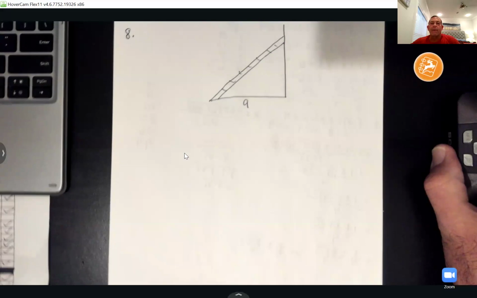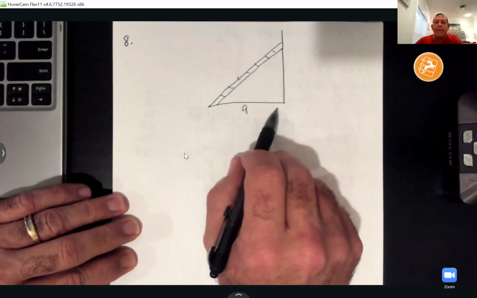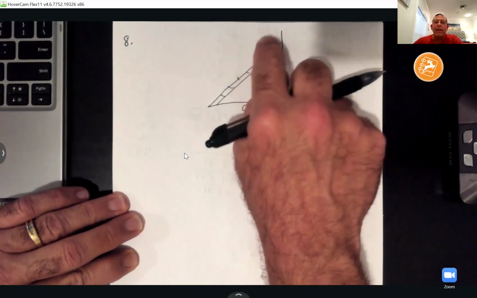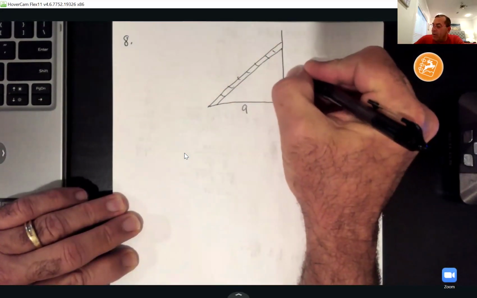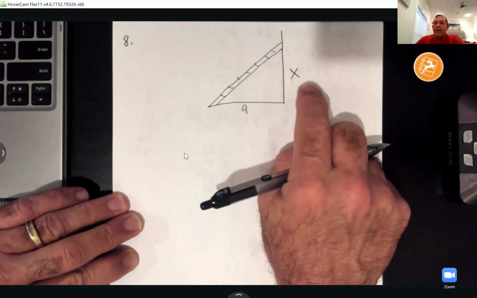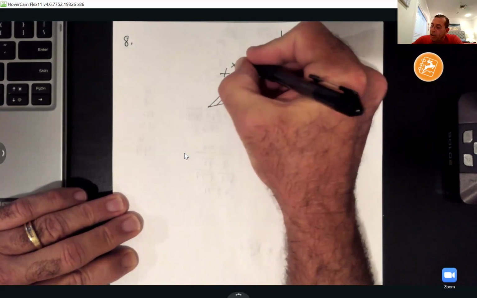So far, I'm 9 feet from the wall for the foot of my ladder. And then the height it reaches on the wall here and the length of that ladder are consecutive integers. So remember, if the height it reaches on the wall is x, then a consecutive integer would be x plus 1.